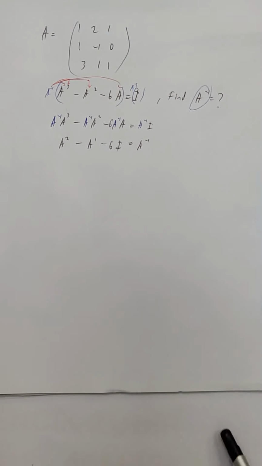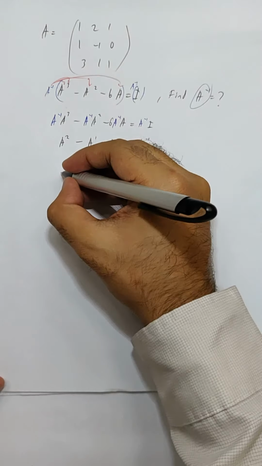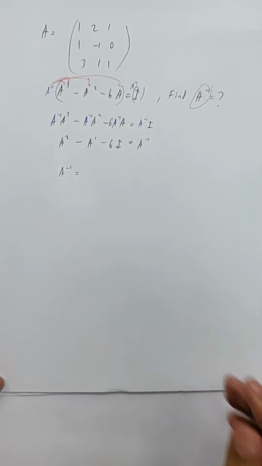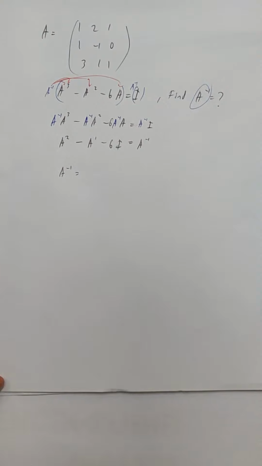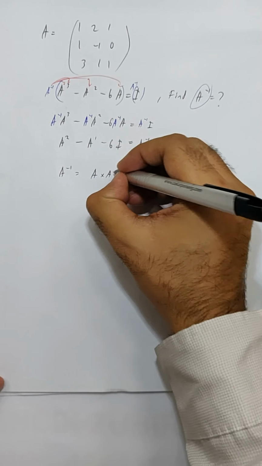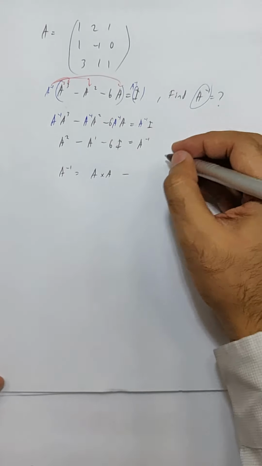Now how do I calculate A inverse? So A inverse is A squared minus A minus 6I. How do I get A squared? A times A. Basically, A times A. Do you know how to get that? Just press your calculator.